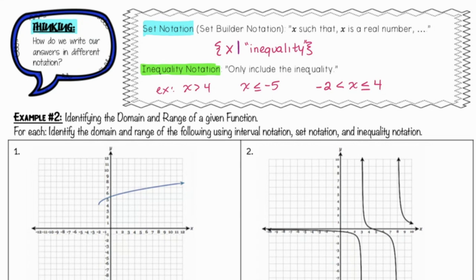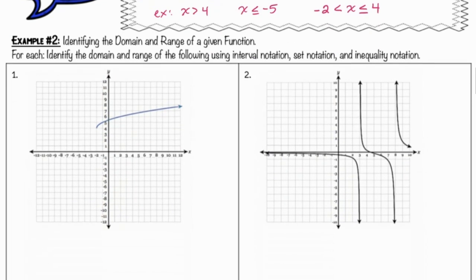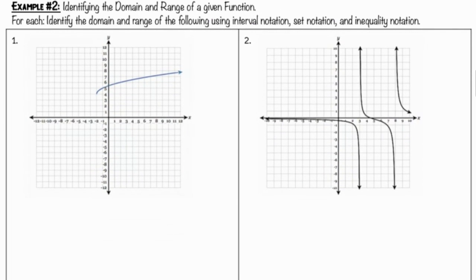Now that we know these types of notation, we're going to actually apply them. So for example 2, identify the domain and range of a given function. For each, identify the domain and range of the following using interval notation, set notation, and inequality notation. So we're going to do all 3 types of notations that you can be asked to represent your function as.